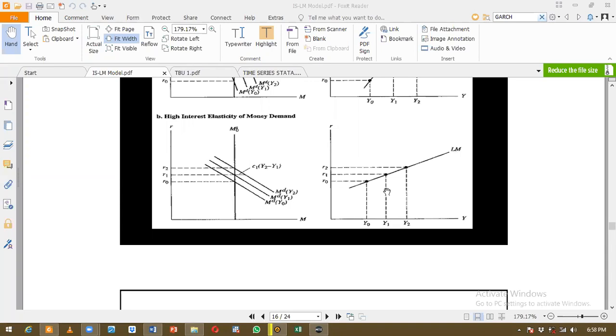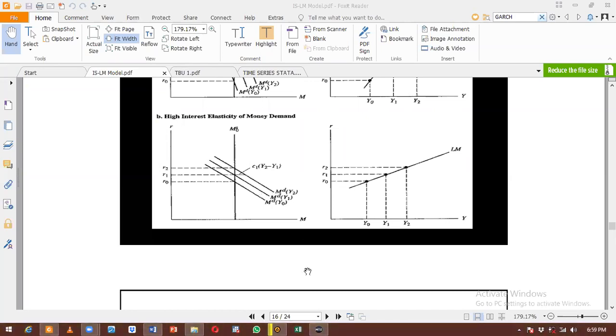So the shape of the LM curve depends on the shape of the money demand curve. If the money demand curve is steep, then the LM curve too is going to be steep. However the money demand responds to interest rates, so will the income in the LM curve also respond to interest rates.